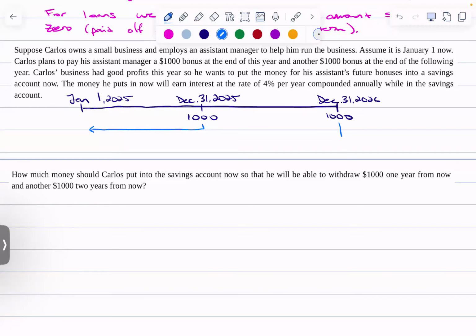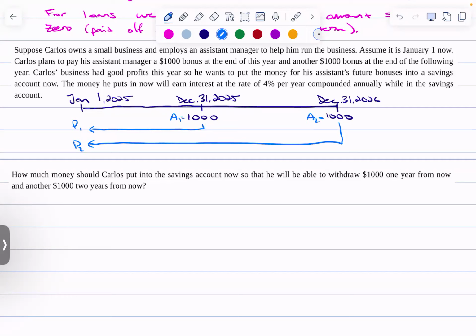And so each of these, you can pull them back to January 1st. And these can be some principal amounts, P1, P2, let's call them. Because this, let's say, is accumulated amount 1 and accumulated amount 2. They happen to be the same.